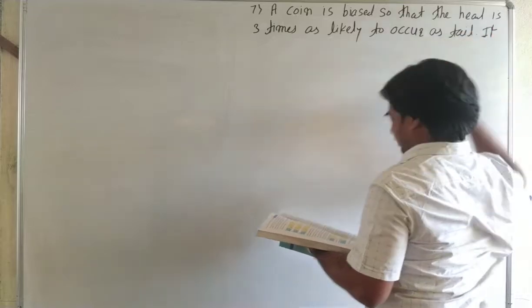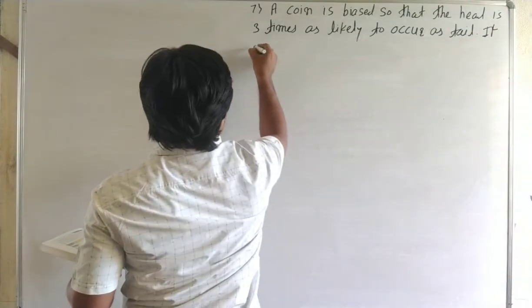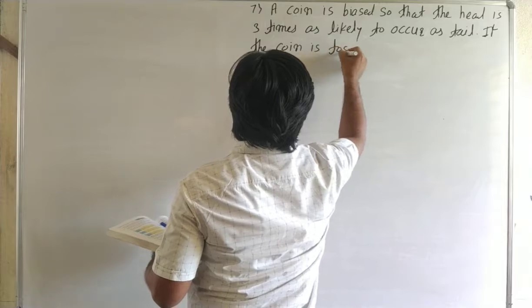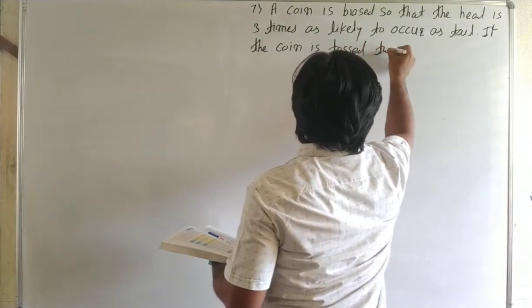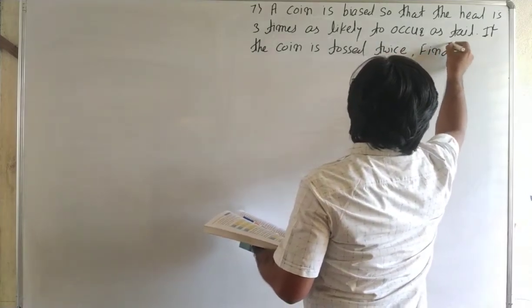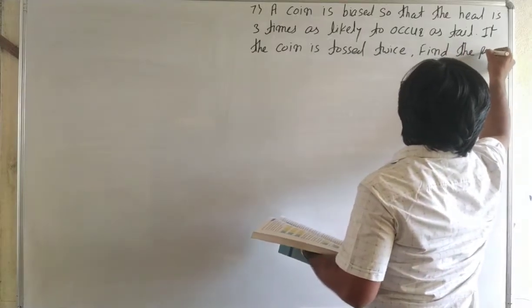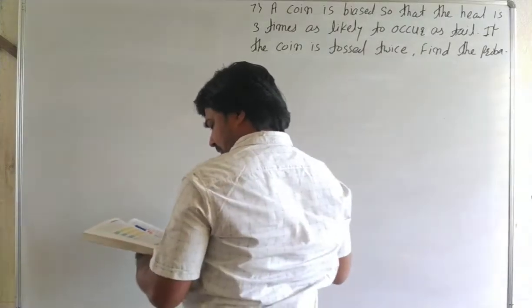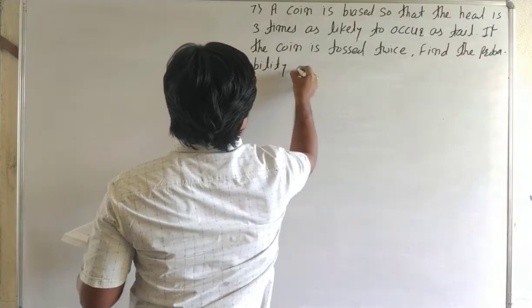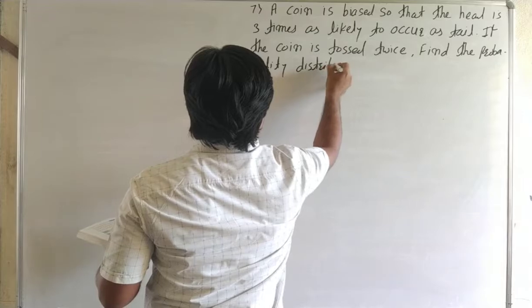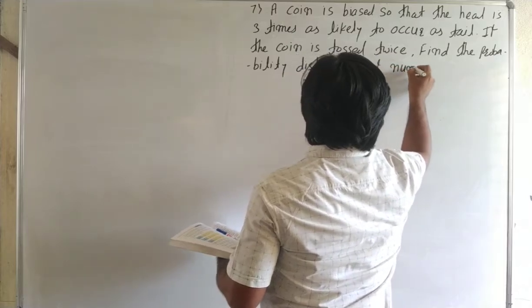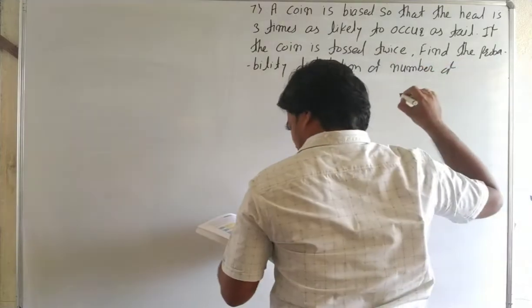If the coin is tossed twice, find the probability distribution of the number of tails.